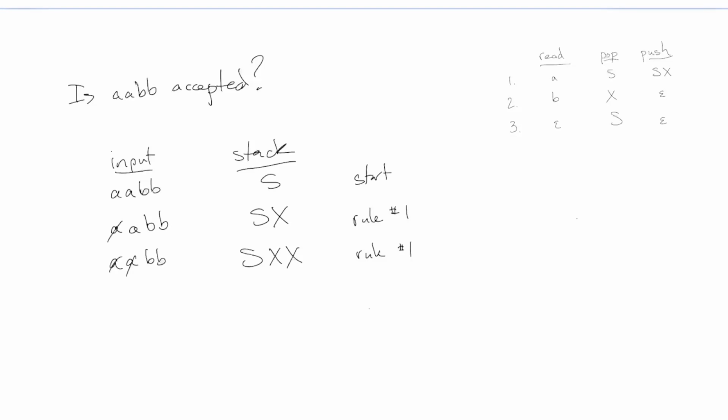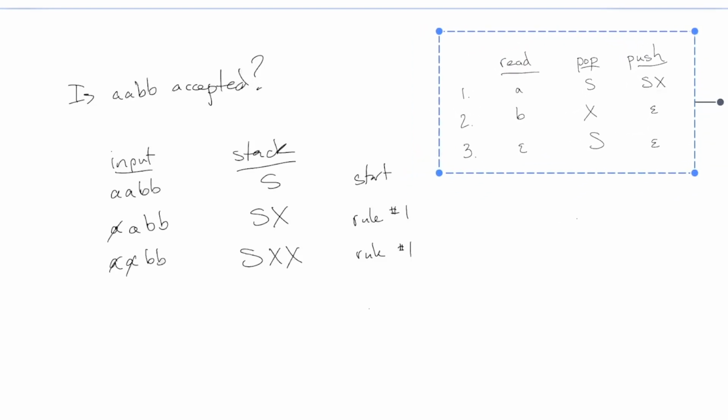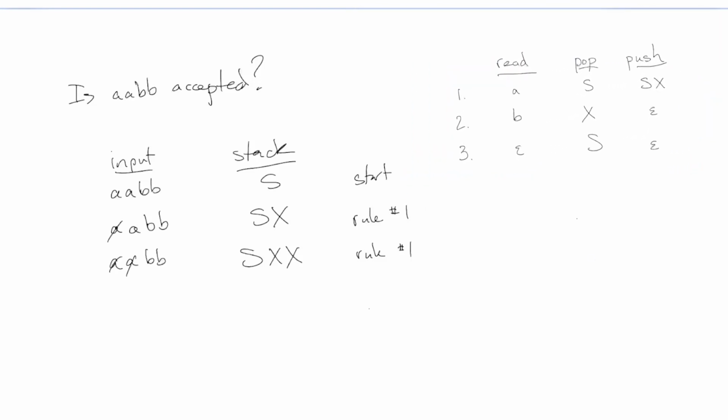Next, I am reading a B. So now you begin to realize some things about stack machines. I hope you can see this all right. I'm going to make it a little bit bigger. The next thing that I'm reading is B. Now the B rule says read B, pop X. But actually, you can't pop X in this case. So from this step, it is not allowed to do rule B because the pop is wrong. All right? But actually, we can do rule 3 at this point.